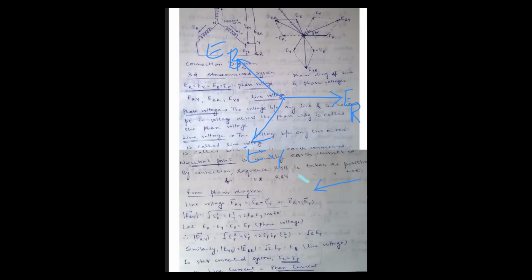It is helpful in determining the line voltage. EY is with us, so if we draw a line equal to EY at 180 degrees difference, it becomes minus EY.